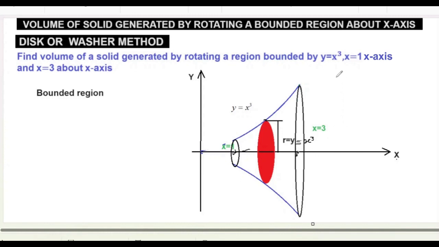As the disk is circular, the area of the disk so formed is the area of a circle, delta A is equal to pi r square. We have already found that r is equal to x cube. So if we substitute this value, it becomes pi times x cube the whole square, which ultimately gives us pi x to the power 6.